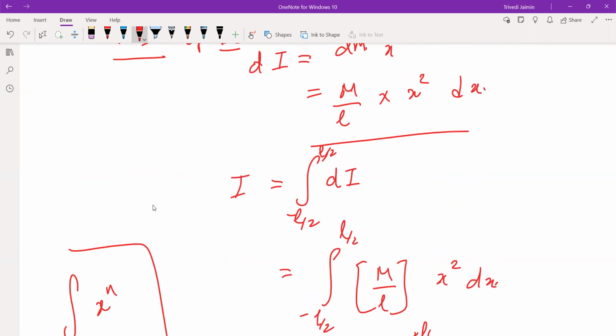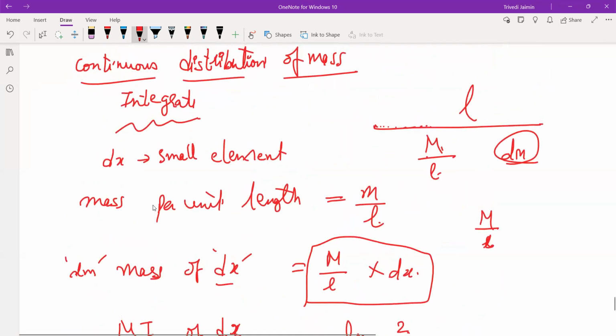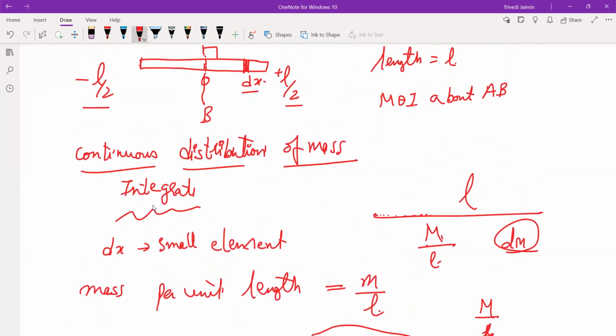So the integration of dI, and the limits are the whole rod. Whenever we integrate, we integrate throughout. When we did integration last class also, we had limits. Here we are finding limits from this point to this point, let's name them C and D. We are moving our strip from C to D. That is our limit.